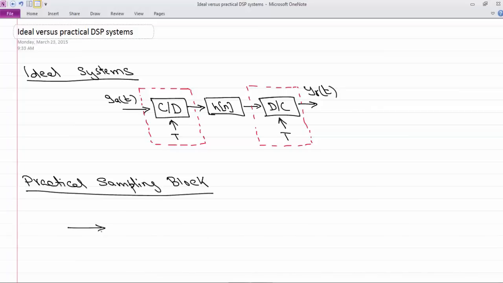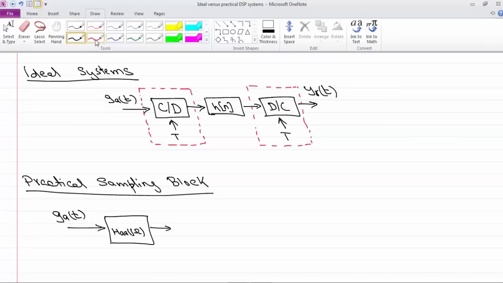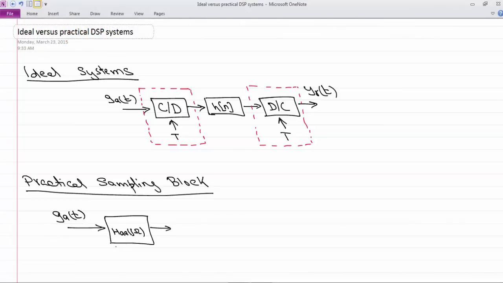First of all, the chances that your input signal will really be band limited are going to be really low, so you will almost always be using an anti-aliasing filter. Now the challenge here is that even in this case, the anti-aliasing filter is not going to be an ideal low-pass filter.